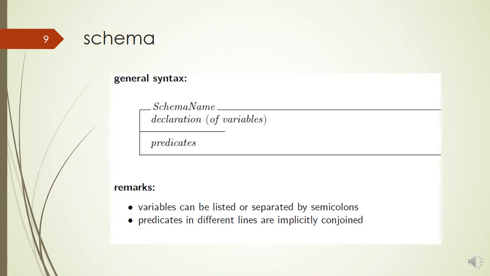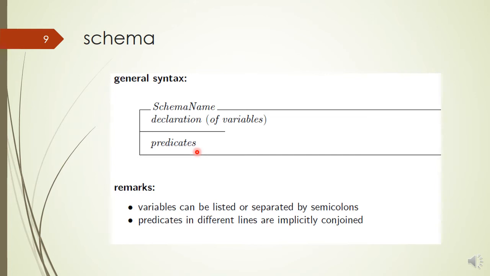Students, in this slide, you can see the general syntax of a schema. At the top of the schema, you can write the schema name, and each schema box has two parts. Its upper part is a declaration part, and its lower part is known as a predicate part, and we can write predicates about the system properties here.